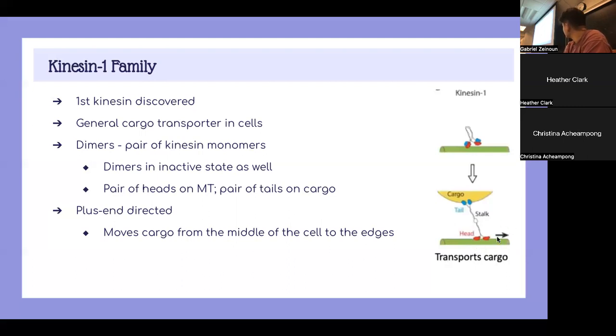But keep in mind, the tail end is not walking. The tail end here is just holding on to the cargo. So there's a pair of heads on the microtubule, and a pair on the cargo, and they're moved towards the plus end of the microtubule.